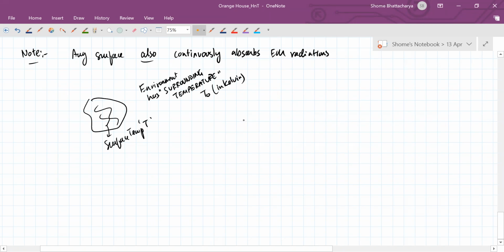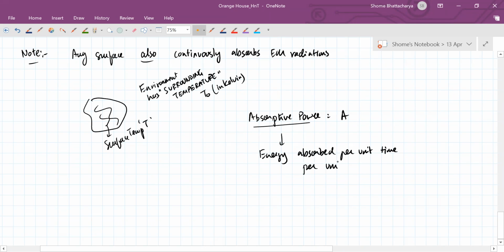Okay. Then there is something called absorptive power, just like we had seen emissive power. So absorptive power is energy absorbed per unit time per unit surface area.